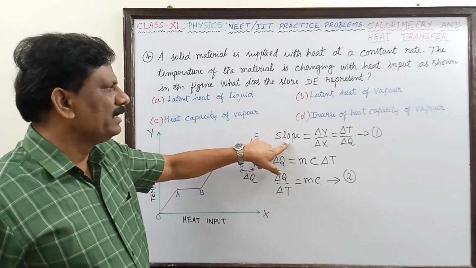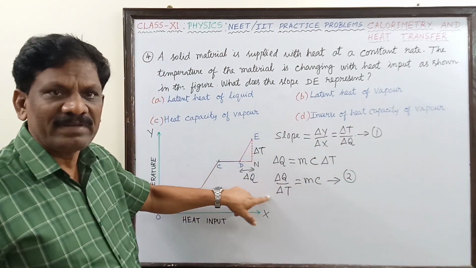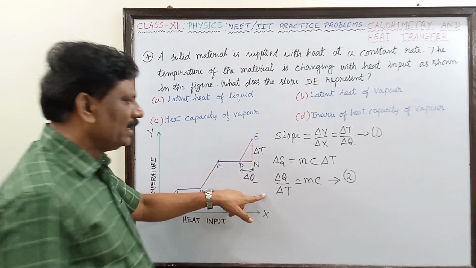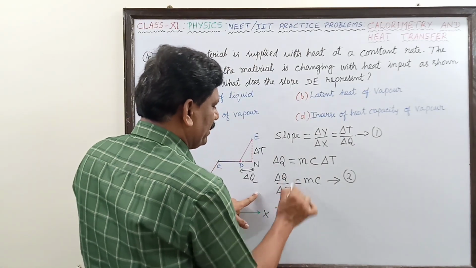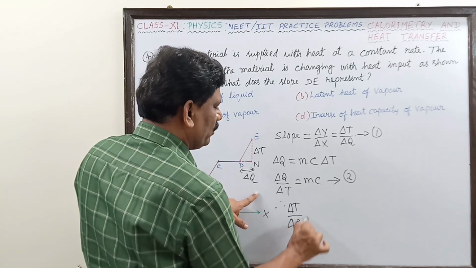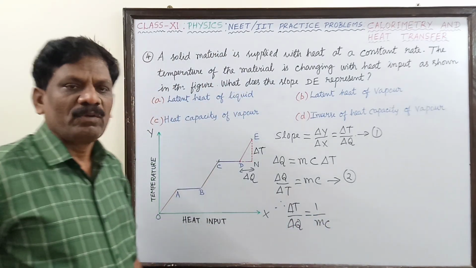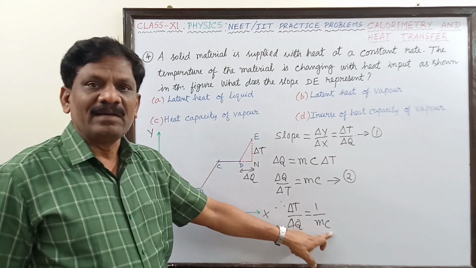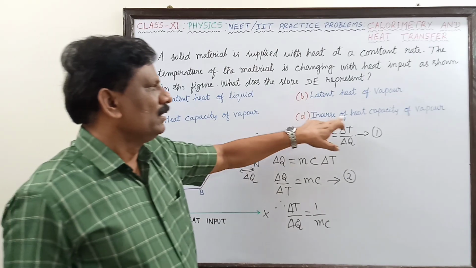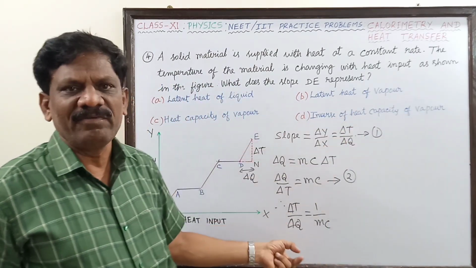So slope DE is equal to delta T by delta Q, which is the reciprocal of delta Q by delta T, is it not? So therefore I will write from this delta T divided by delta Q is now equal to 1 divided by MC. So it is mass into specific heat capacity, that is equal to the heat capacity of vapor. So the reciprocal of the heat capacity of vapor.